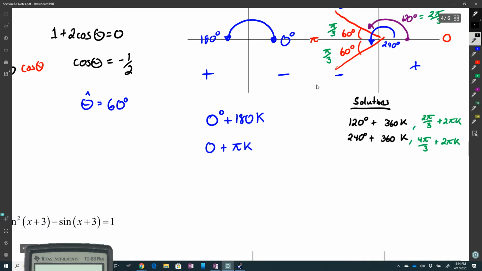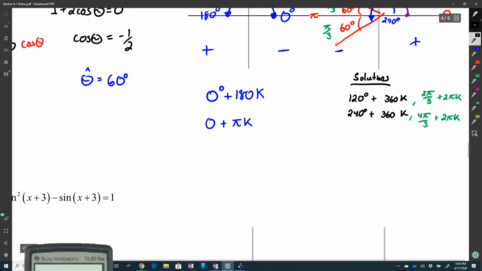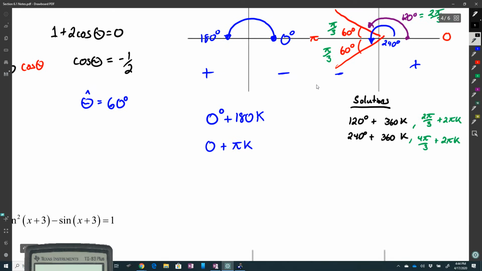Okay. So your answer, let's say you wanted to write the final answer, all of it up. In degrees, you would say your solution is 0 plus 180k, comma, 120 degrees plus 360k, and then 240 degrees plus 360k.